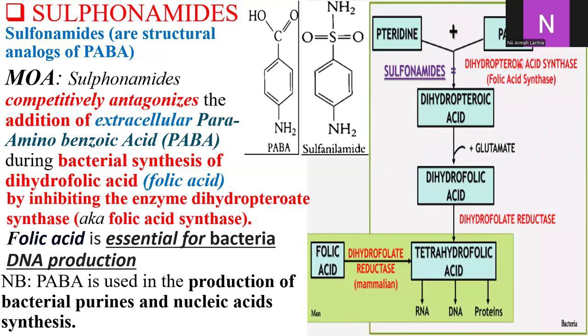So once PABA is taken, correct tetrahydrofolic acid is formed. But if sulfonamides are taken, then faulty tetrahydrofolic acids are formed. In the instance where faulty tetrahydrofolic acids are formed, then DNA synthesis and RNA synthesis are also impaired.